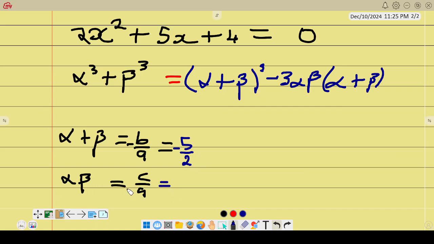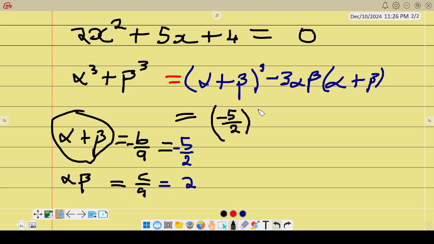So the product is c, it is 4, a is 2, which you can simplify as 2. I hope we're together. I really hope. So this means that here, what is alpha plus beta, you simply put negative 5 over 2.